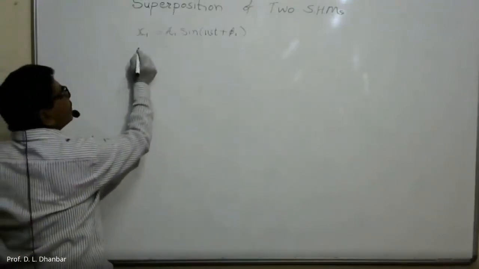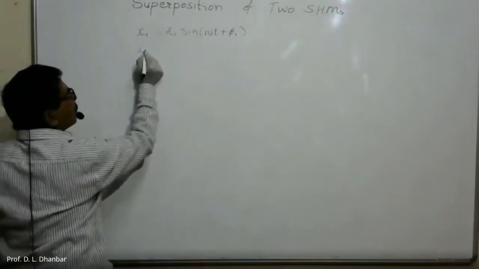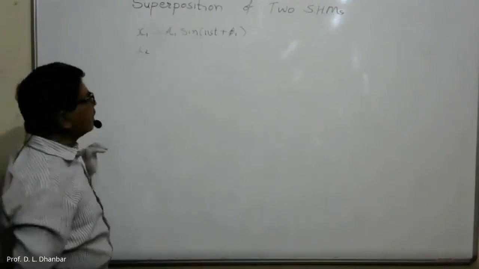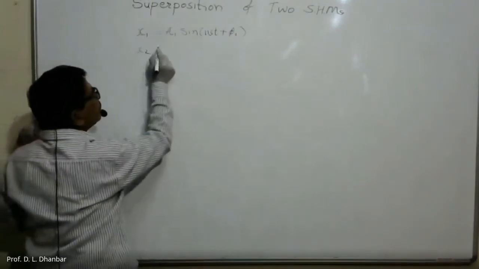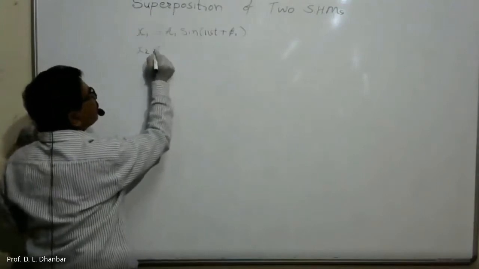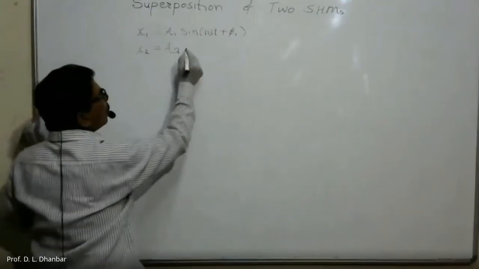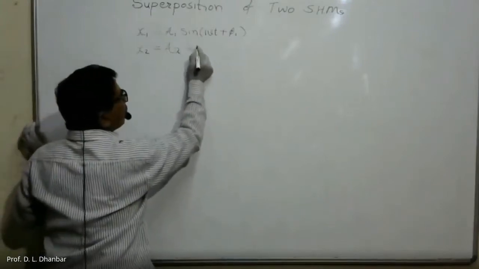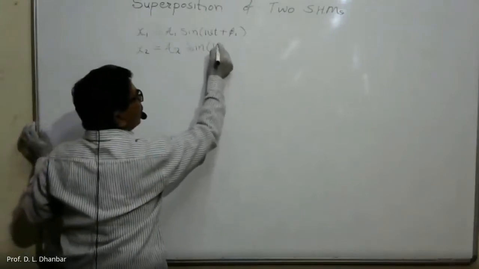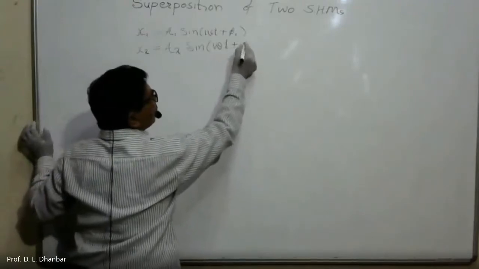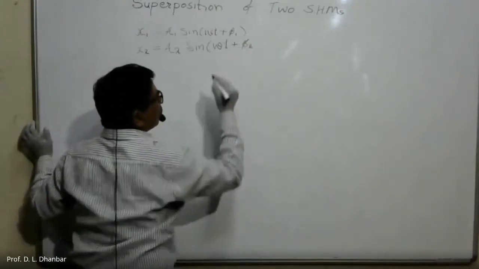Then let us consider the second simple harmonic motion having displacement x2 is equal to a2 sine of omega t plus phi 2.